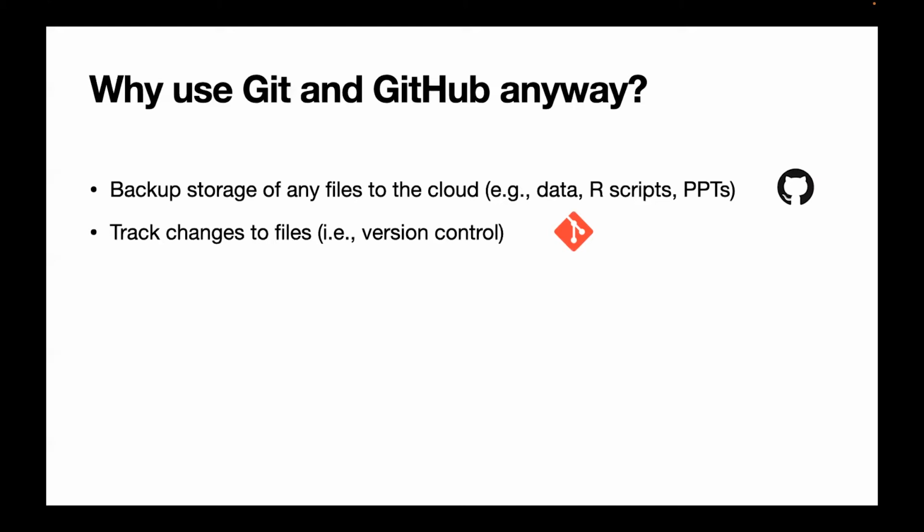If you see job, PhD, or postdoc announcements where they want somebody with version control experience, there are other options besides GitHub, like GitLab, but GitHub is the most popular. This is a way to create a reproducible workflow, like track changes for a Word document or Google Doc. You can do the same thing with your code.